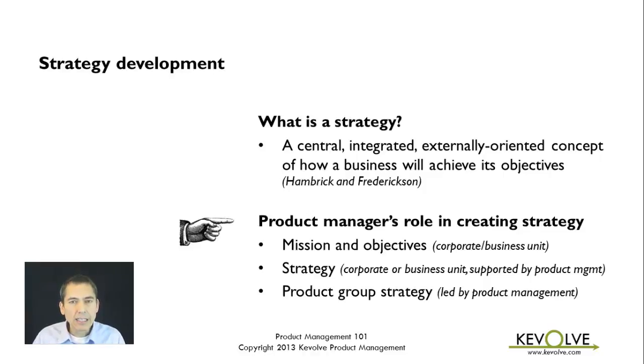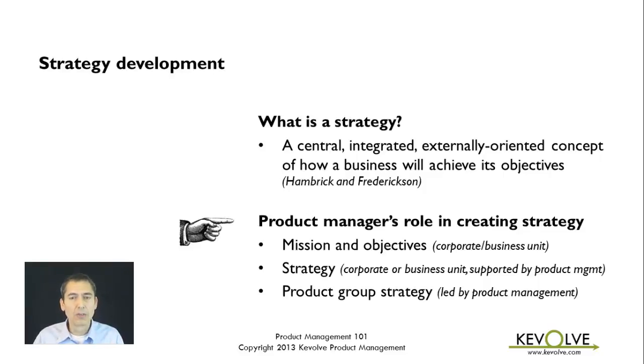That work is typically supported by product management. So a lot of the things we talked about under market intelligence, market, customer, and competitive analysis, all of the analysis that you've done strongly supports the development of strategy. That can be at a corporate level or a business unit level, and the analysis that product management does is typically very critical to development of that strategy.